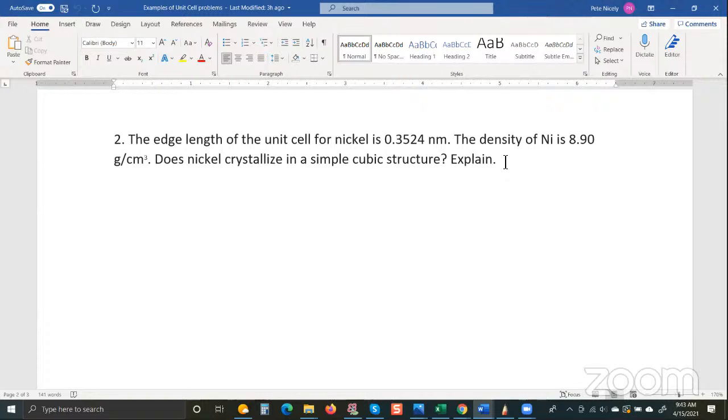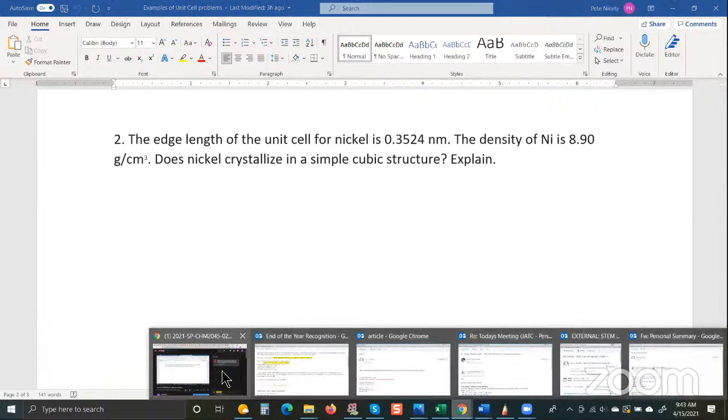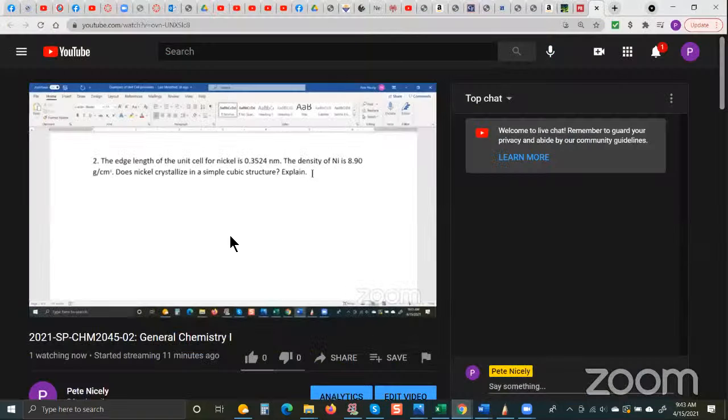In order for us to answer this question, I think we need to know the density of nickel. So let me look that up.